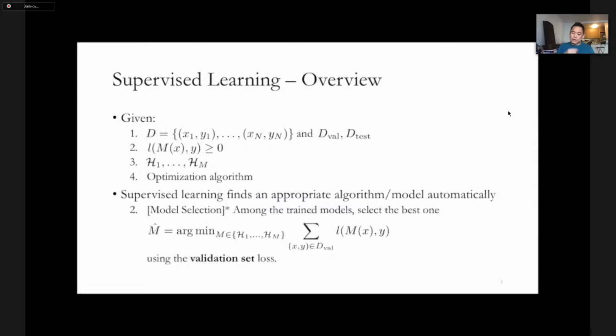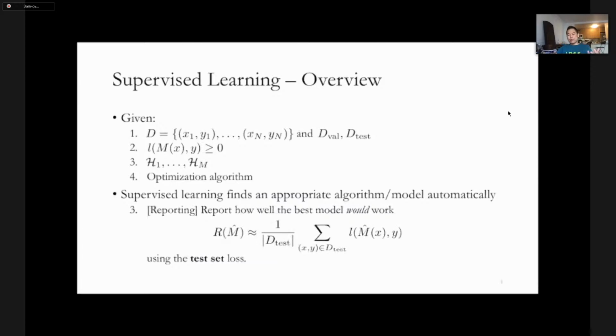Once we have selected the appropriate hypothesis space, and within the hypothesis set, the model that works really well on the validation set, then we're going to report or assure ourselves that it's going to work really well on unseen examples by looking at how well the selected model works on the test set. So it's a very, very straightforward framework, but it turned out that this is the foundation upon which we build the entire machine learning ecosystem that includes natural language processing.